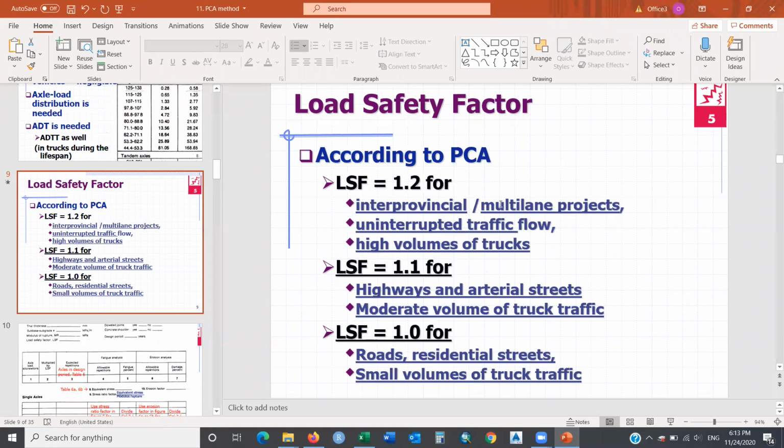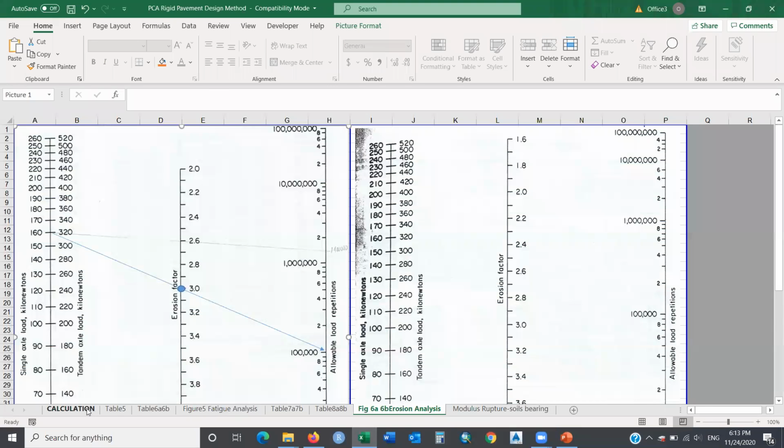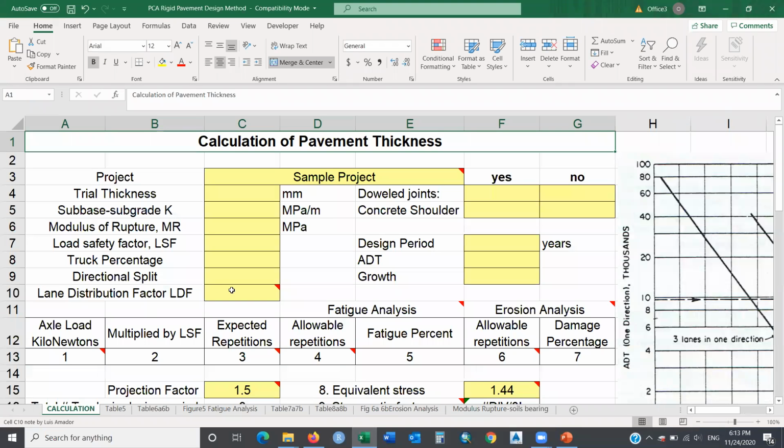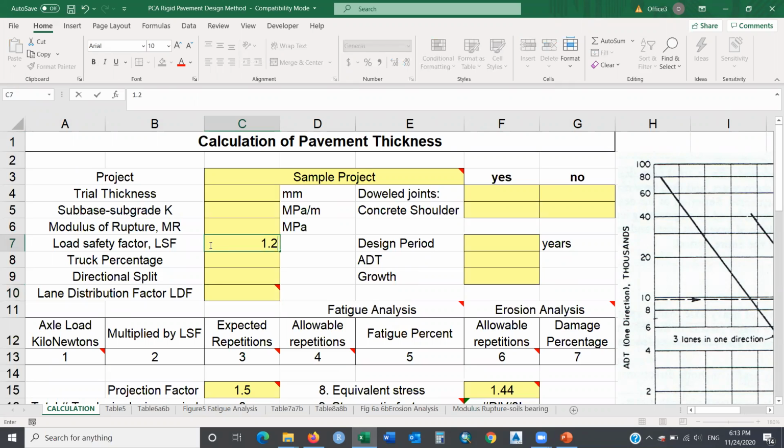Multi-lane, high volume of trucks, low safety factor 1.2. Not to be confused with lane distribution factor, is this one, right?